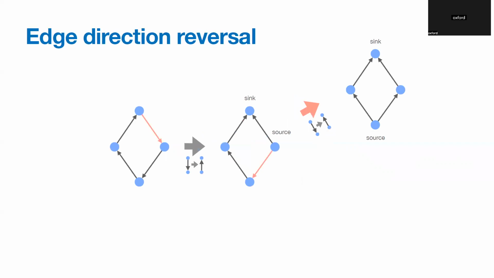And then when you're in that position where you have that pair of source and sink nodes, you can try going further, right? So you can flip that edge, and if you flip that edge, then what you essentially do is that you have the source node that moves around.